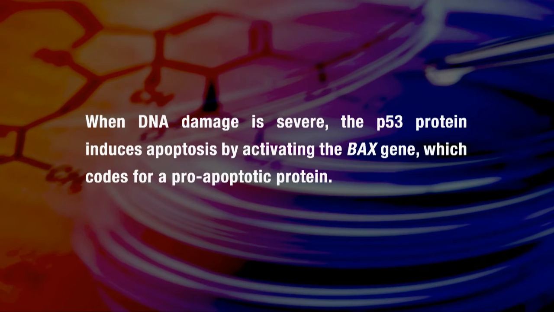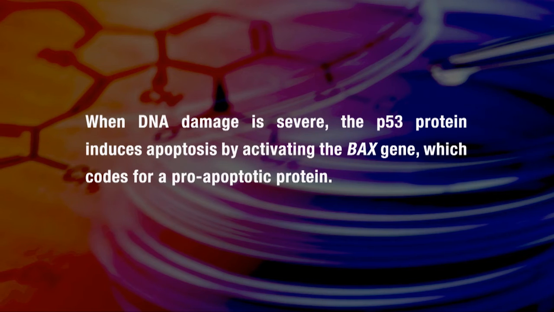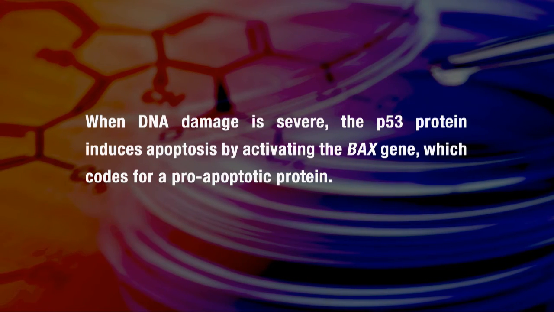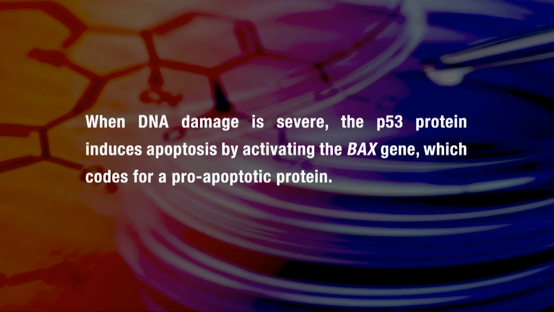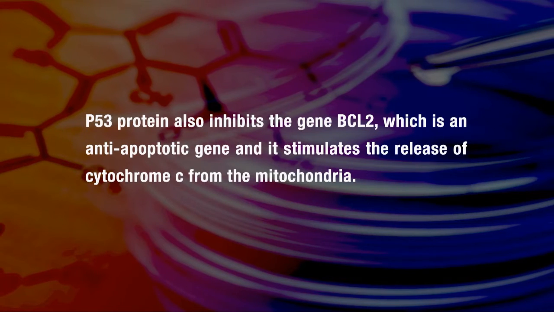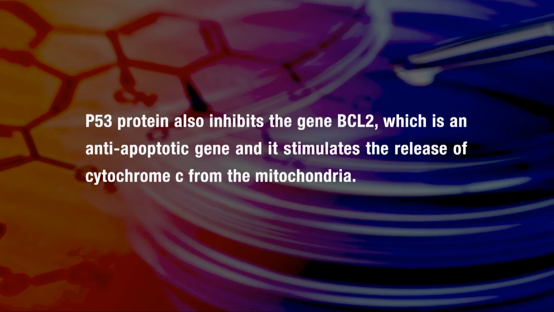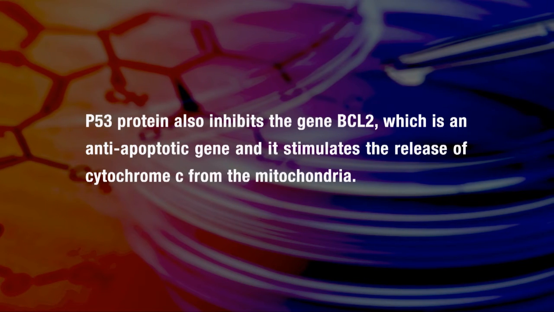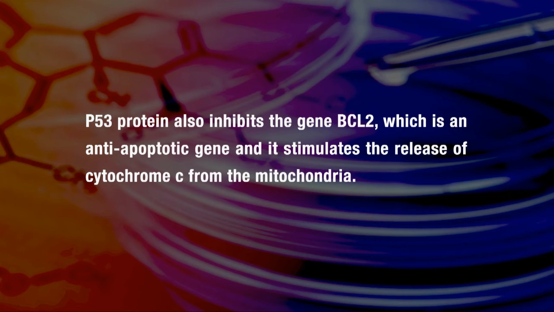When DNA damage is severe, the p53 protein induces apoptosis by activating the BAX gene, which codes for a pro-apoptotic protein. p53 protein also inhibits the gene BCL2, which is an anti-apoptotic gene, and it stimulates the release of cytochrome C from the mitochondria.